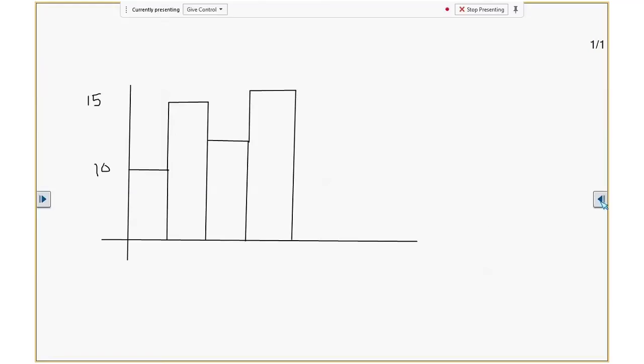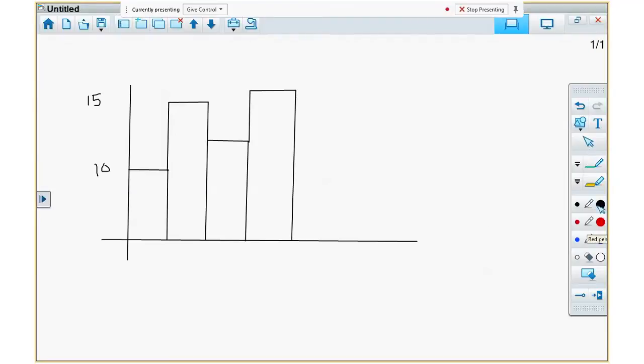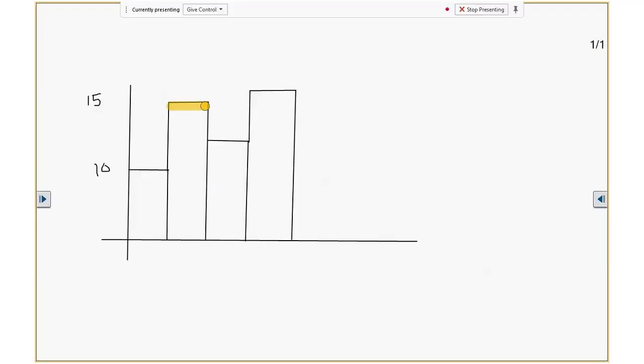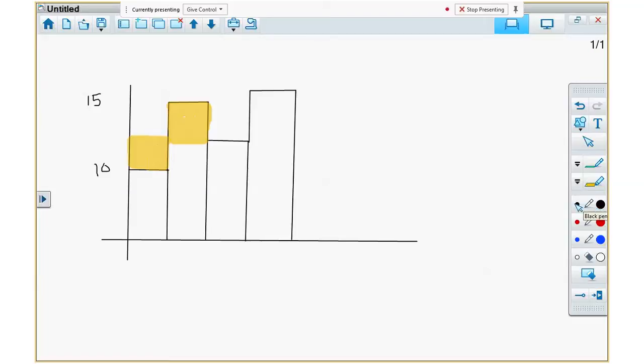Now, if I take this guy right here, and I cut it off right there, and I stick it right in here. I done messed it up. I've got to add one more, sorry.